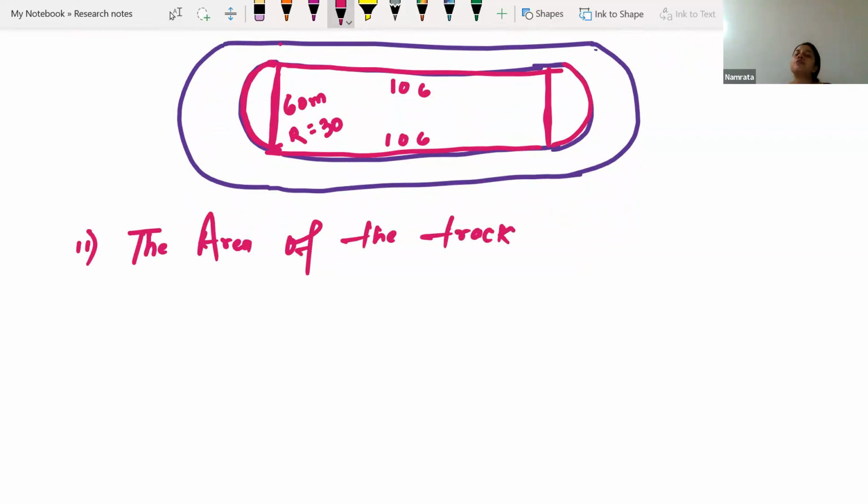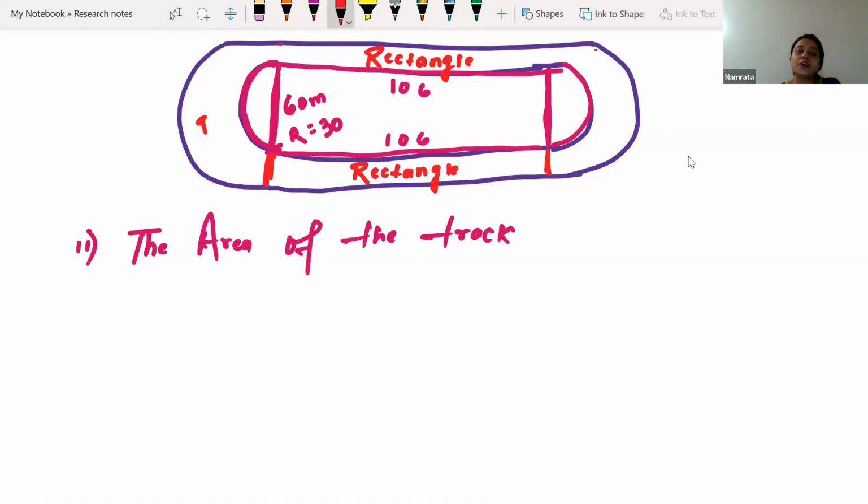Now we have to focus on the area of the track. What do we have to find for finding the area of the track? Here you can see, when we focus on the track, we have a rectangular path over here. Can you see? It's a rectangle. The one above is also a rectangle. Yes, ma'am.